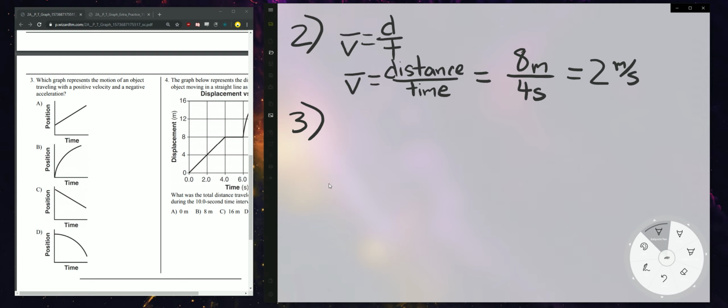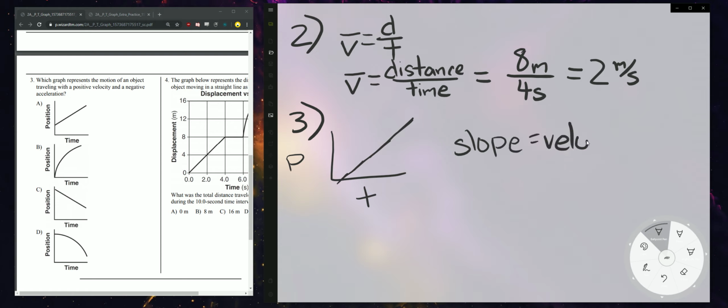So, if you have an upward slope, you have a positive slope, right? This is a positive slope. And we know that on a PT graph, your slope is velocity. We know that to be true. d over t.